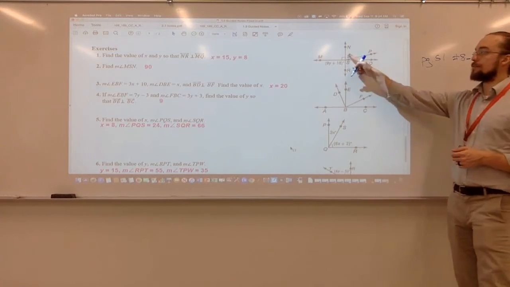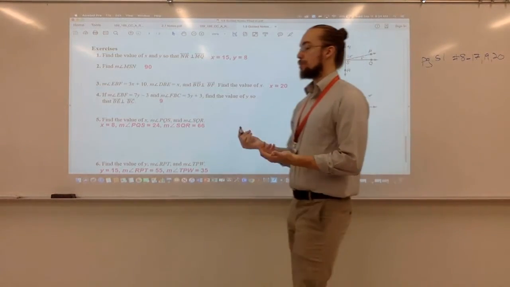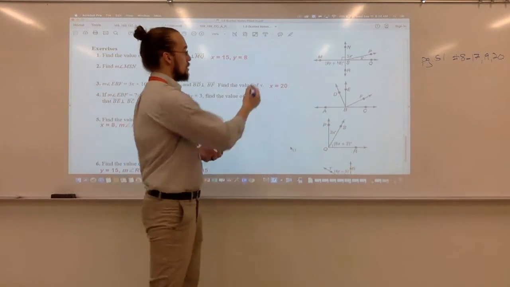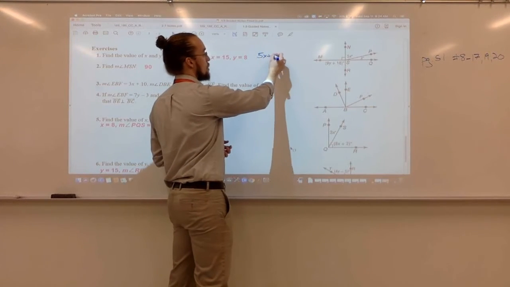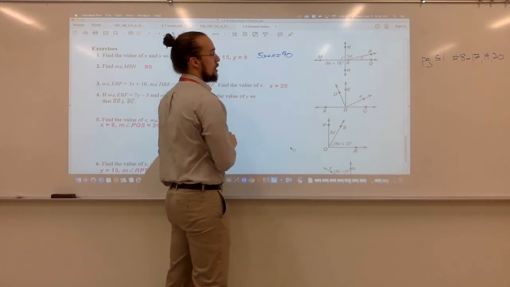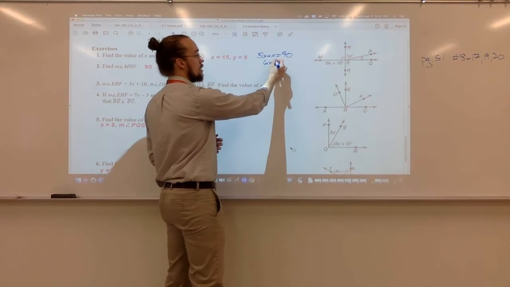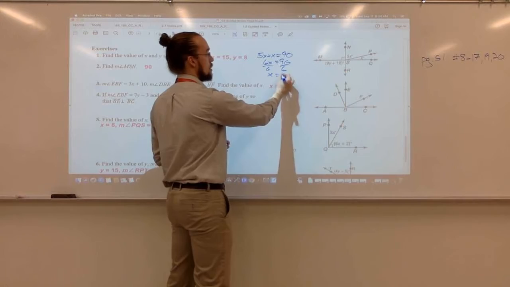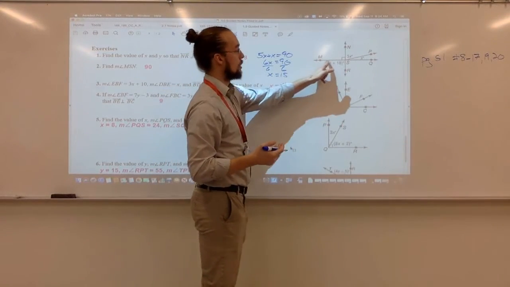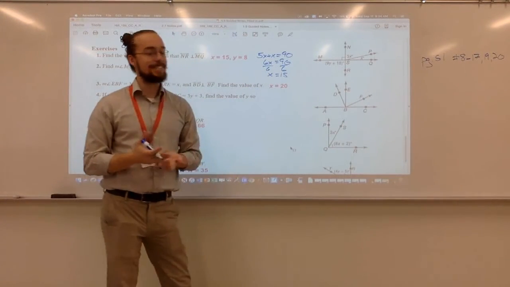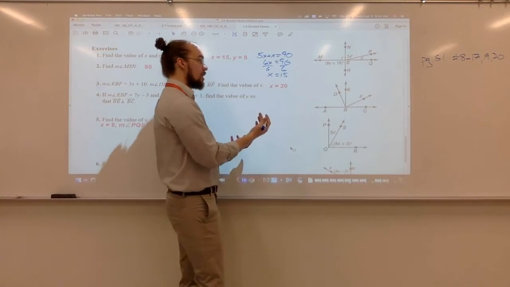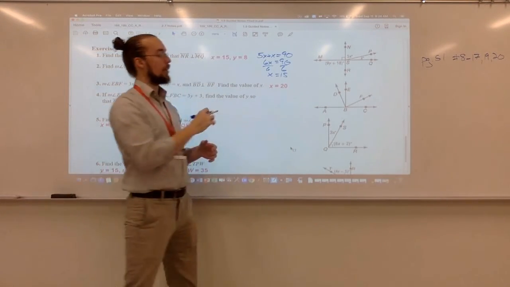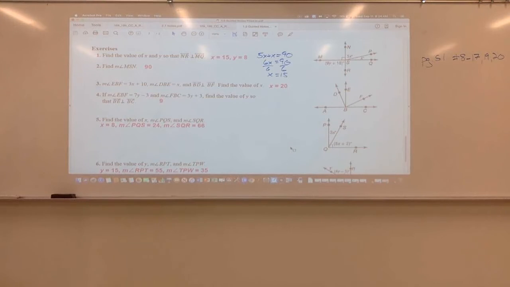So we could say 5x plus x is equal to 90 degrees. Solve that, and we should get 15. Then separately, we could say 9y plus 18 equals 90 degrees and solve that one. We could get 8. Just make sure you're not trying to combine those into a single equation.